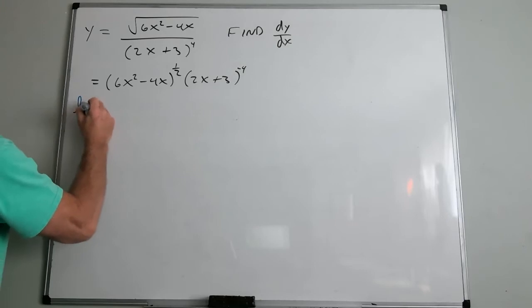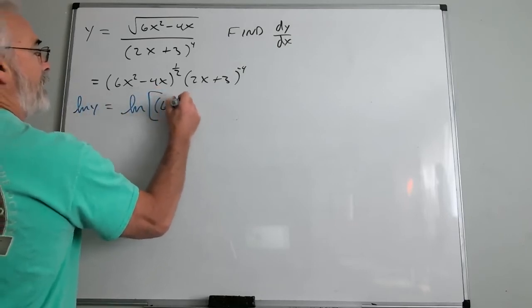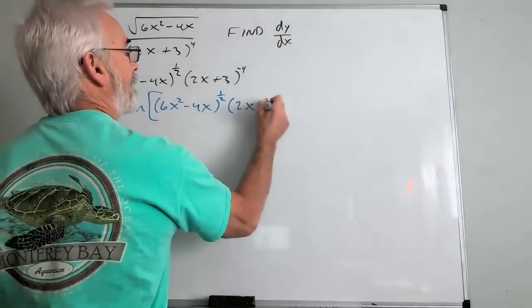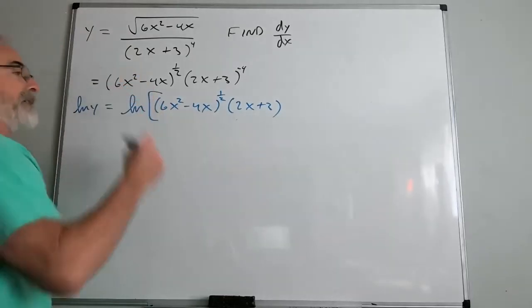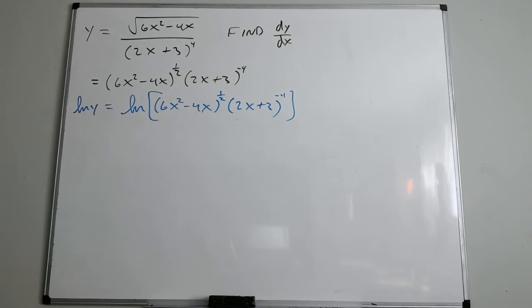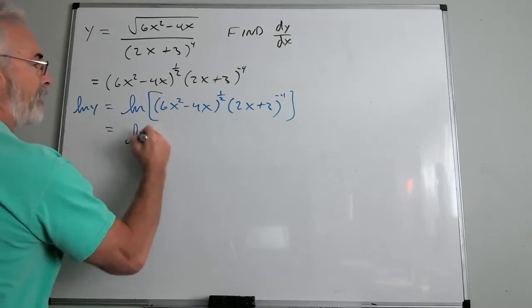So the log of y will be the log of, and I do need parentheses to indicate what I'm actually doing the log of. I'm doing the log of the whole thing. Lack of parentheses would mean I'm only taking the log of the first one. Okay. Now I know the log property says the log of a product is the sum of the logs.